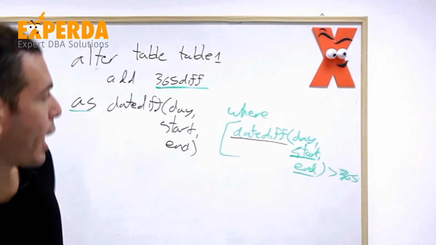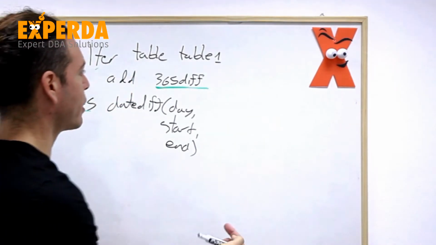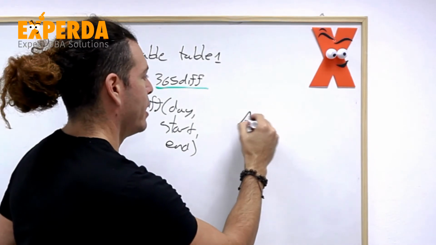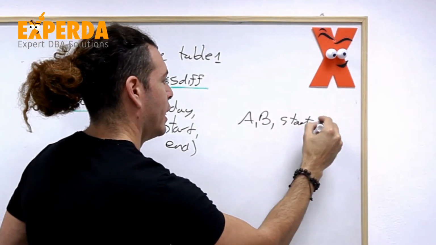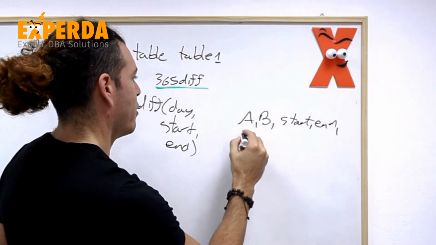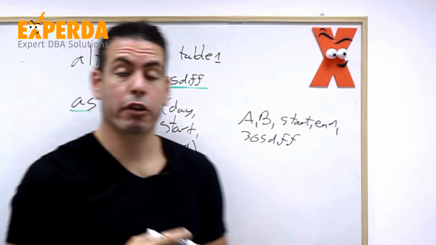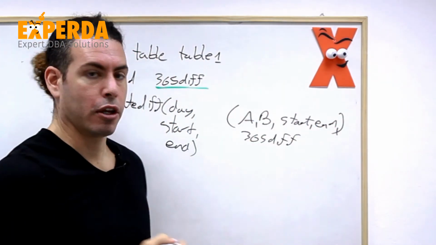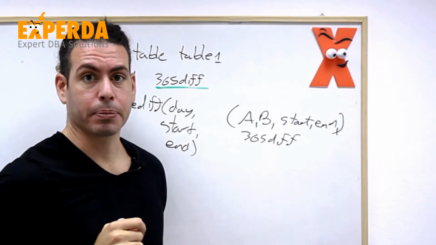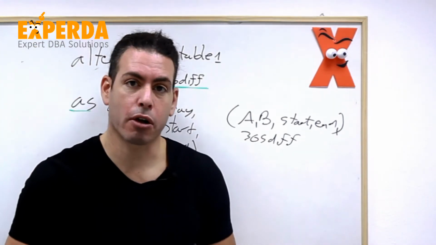Now, if I look at my table, it is going to be A, B, start, end, and 365_diff. These are the columns. However, if I want to insert, I will only need to insert to these, because this one's calculated automatically. Now, what if my table was 2 billion rows long right now?